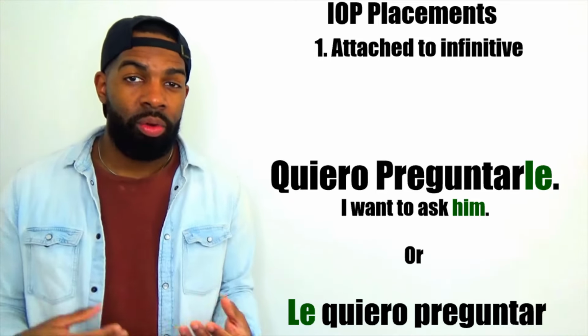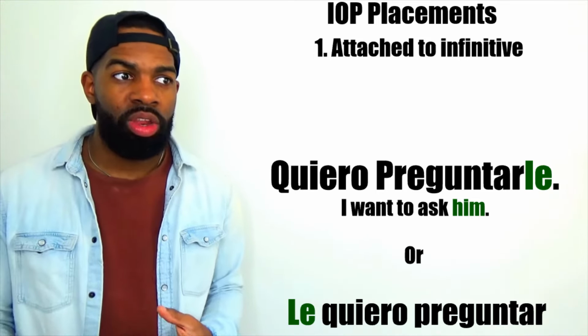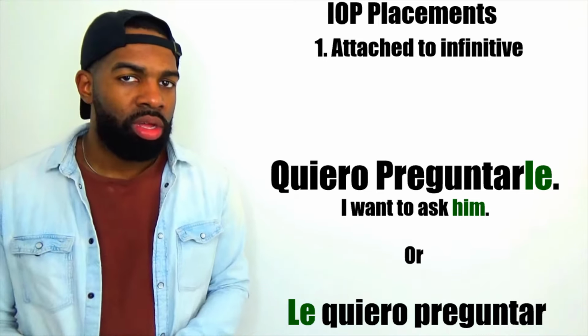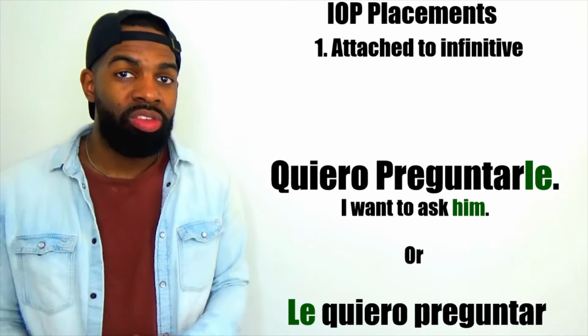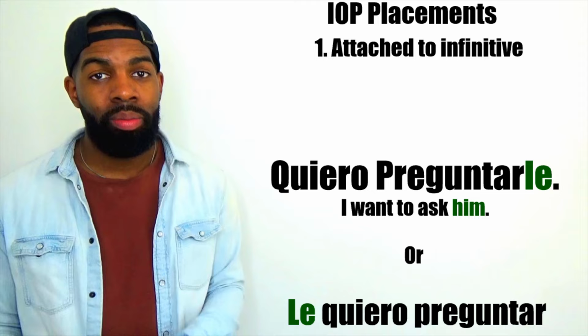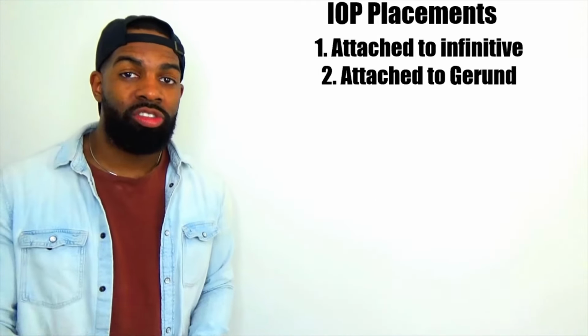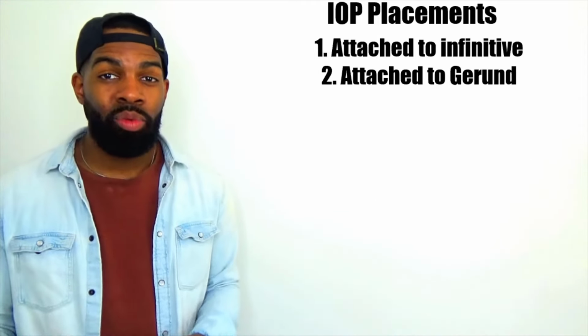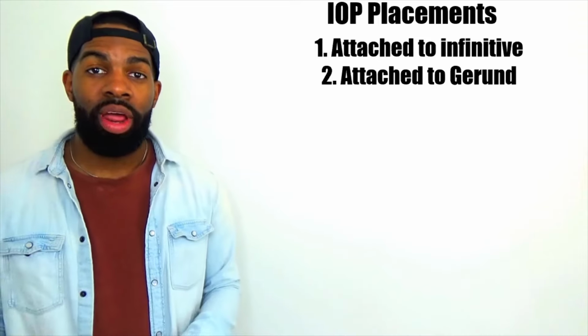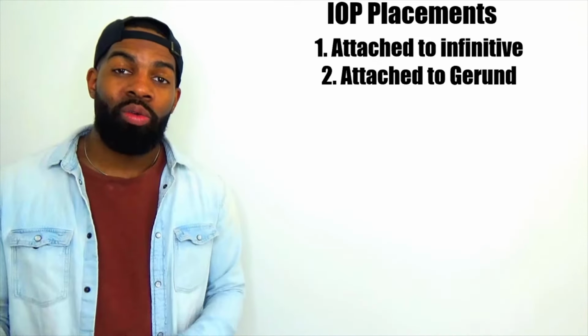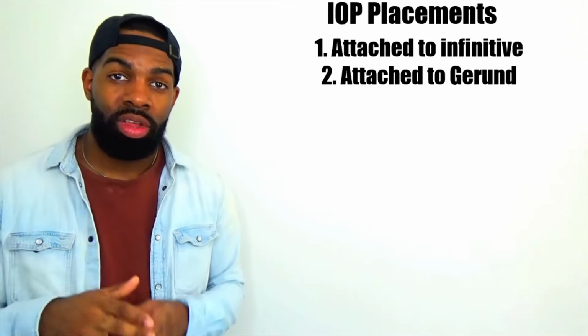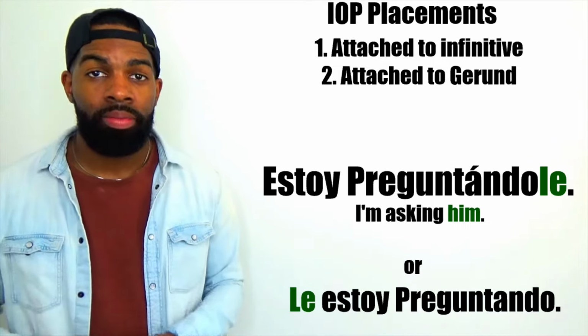You will understand why someone is using le when you're in the conversation with them. But in this case we don't really have a context, so just know that this is the placement. Quiero preguntarle. Then we have attached to the gerund, and this has the same rule as the direct object pronoun. You're going to have to put an accent mark over the third to last syllable, the third to last vowel.